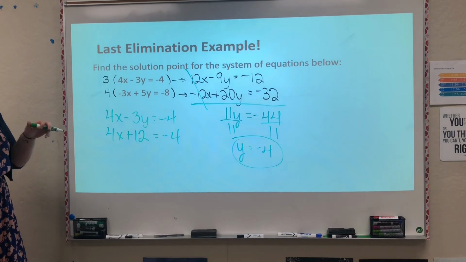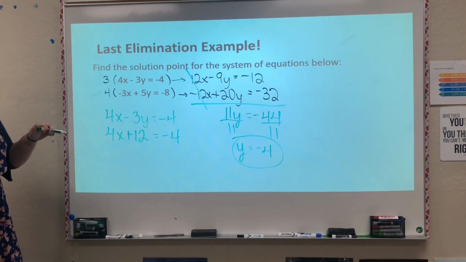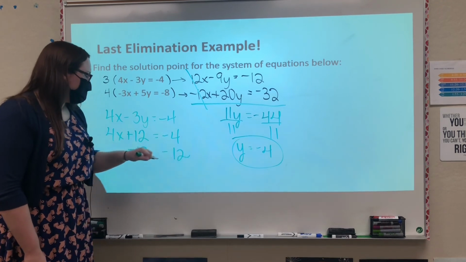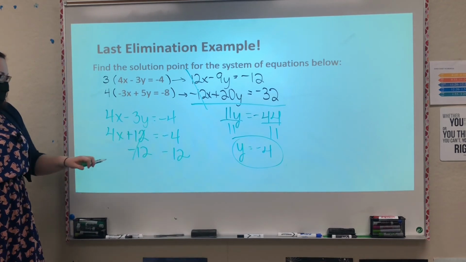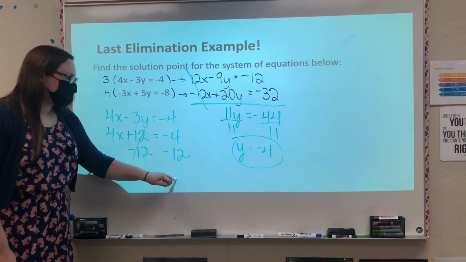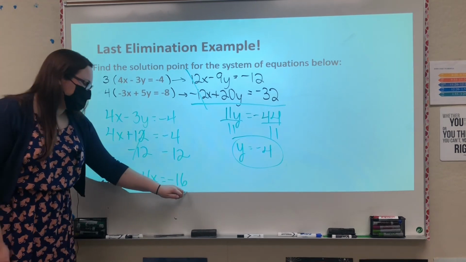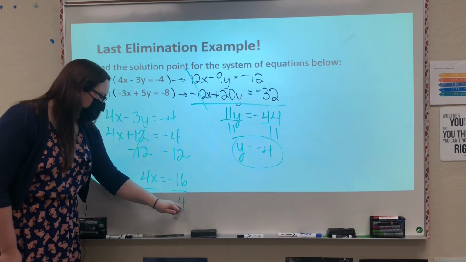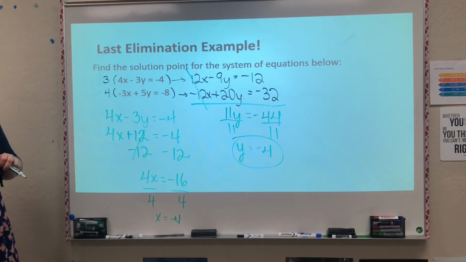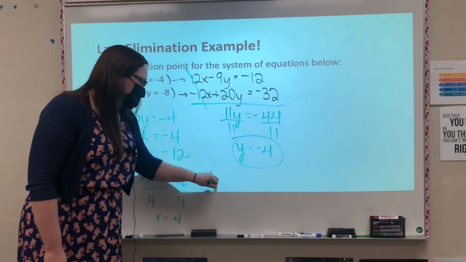What next? From there, you subtract 12 from both sides. That's going to leave me with 4x equals -16. Divide by 4 on both sides: x equals -4. Yep. So final answer? It's -4 and -4.